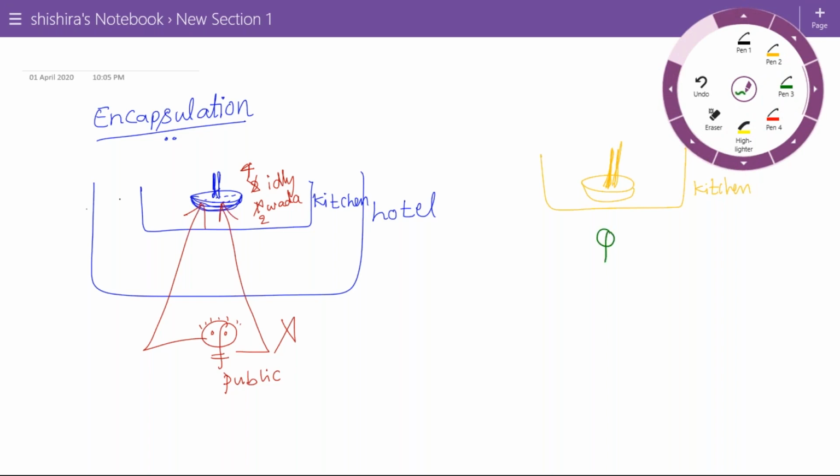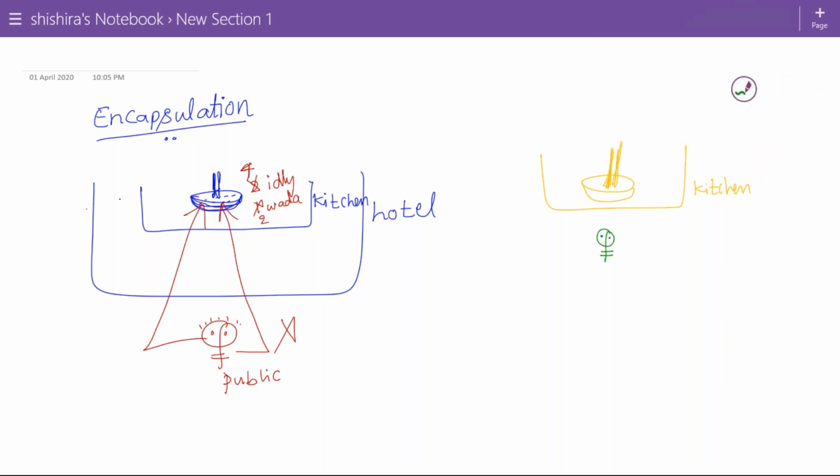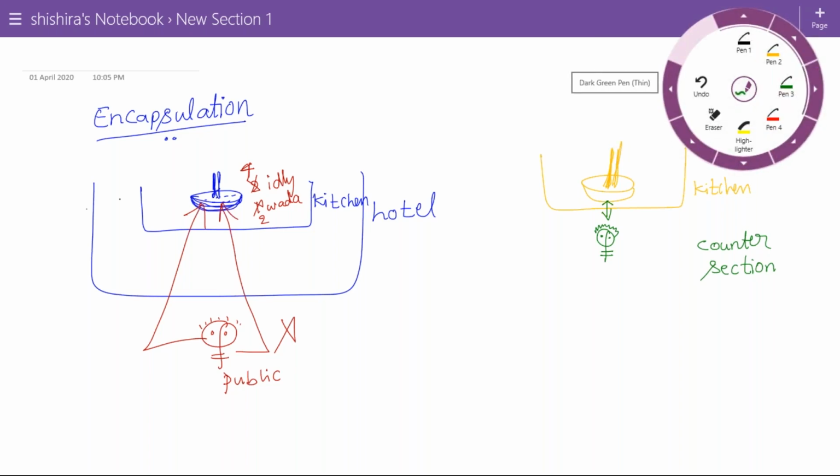There is a counter person here. In the counter there is a section called the counter section. In the counter section there is a person who has access to this food. But food access is not given to outsiders. Yes or no?